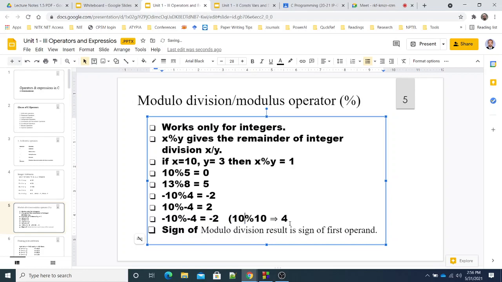Then 10 mod 10 is 0. The moment the number is larger, we start getting different numbers. Is it clear?